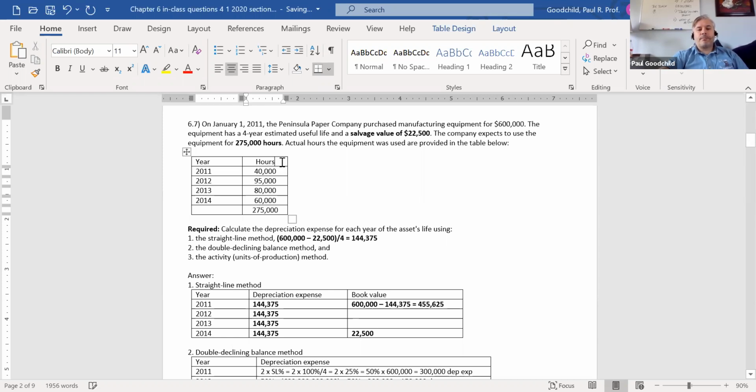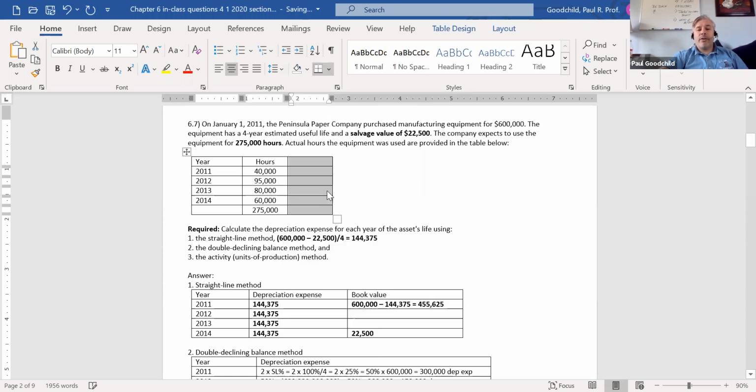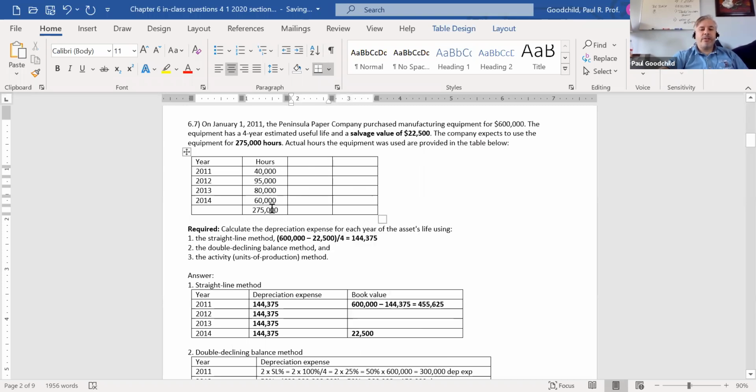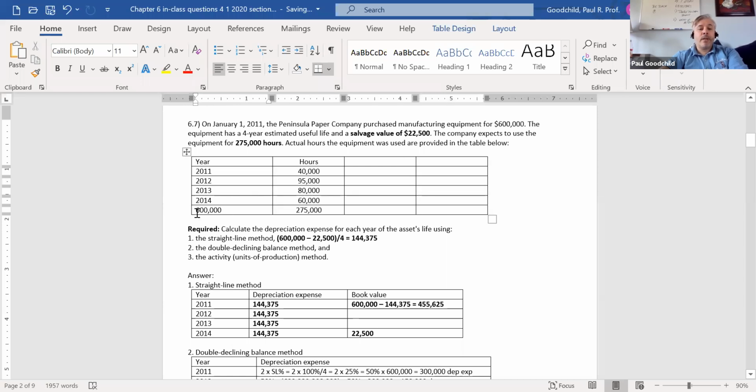Now, I could do this as a percentage and calculate 40,000 divided by the 275, 90 by the 275. But the easier way to do it is to take the 600,000, expand this out a little bit, and subtract out the salvage value, 22,500.